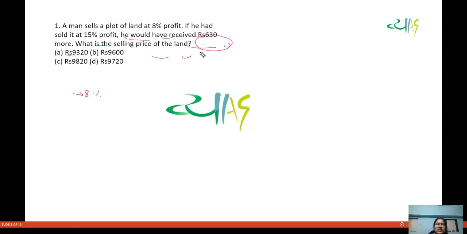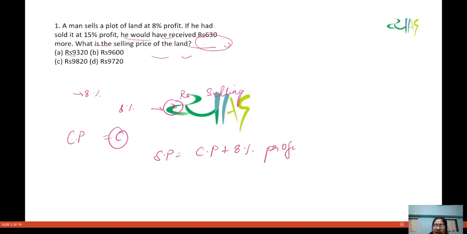So what this question is saying basically is that at 8% profit, let's say he's receiving X rupees, that means his selling price is X. Let us take cost price equal to C. So selling price is equal to cost price plus 8% profit, and 8% of what? 8% of cost price.